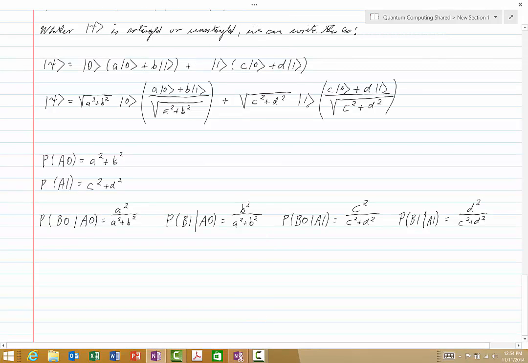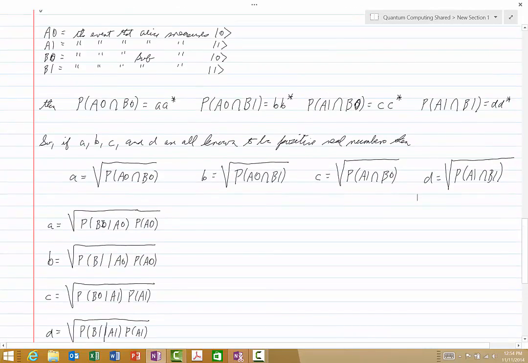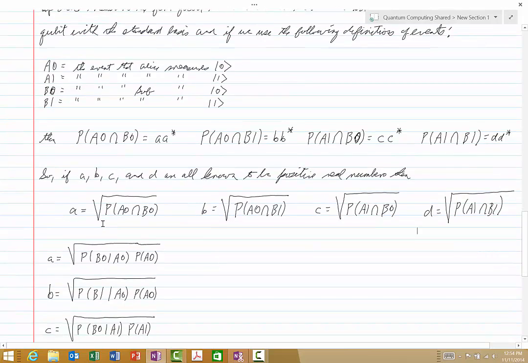Now, one thing I'd like to point out to you is that all of these equations that we've written here are consistent with what we have up here.